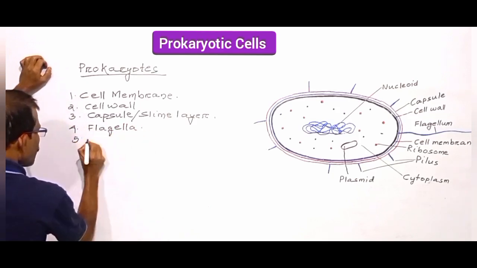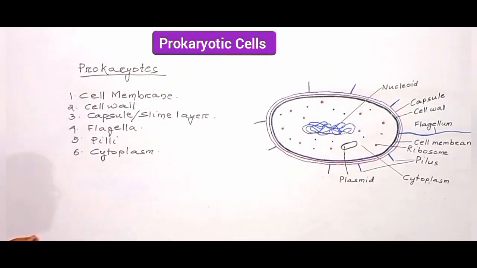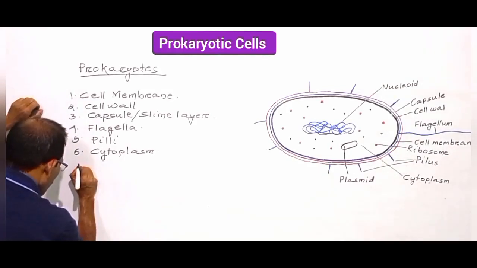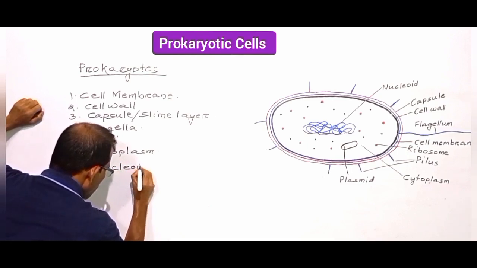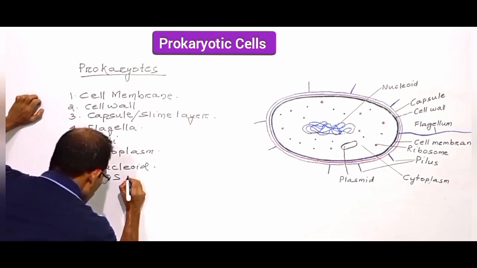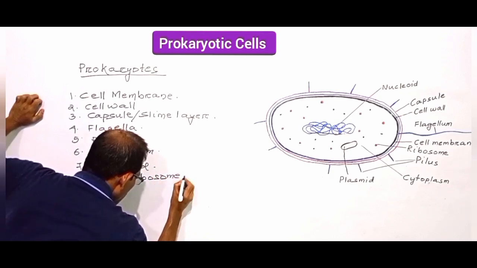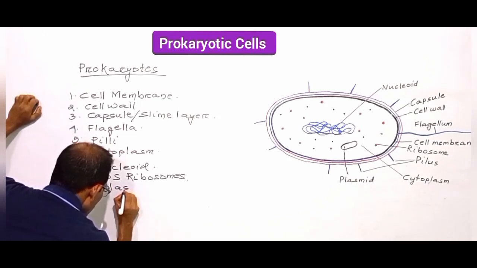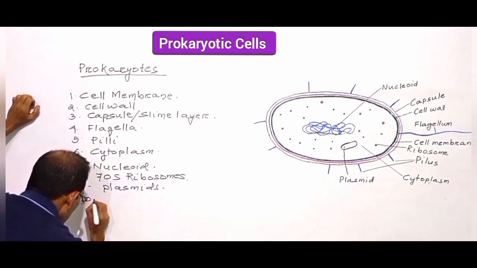And number 5, villi. Sixth component is cytoplasm, which contains other cellular components such as nucleoid, 70S ribosomes, plasmids and inclusions.